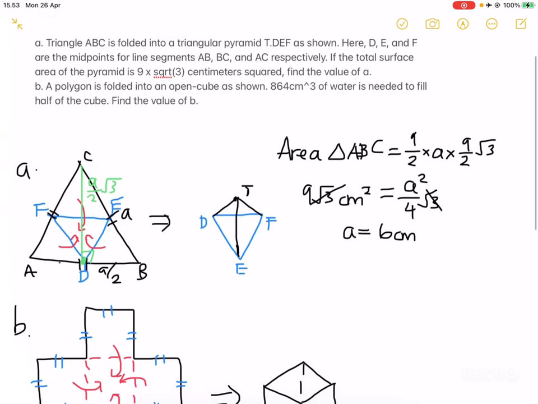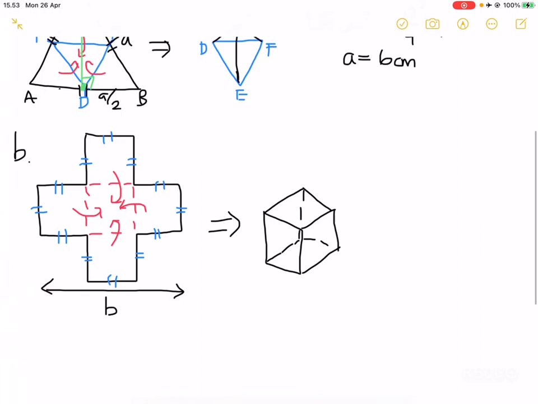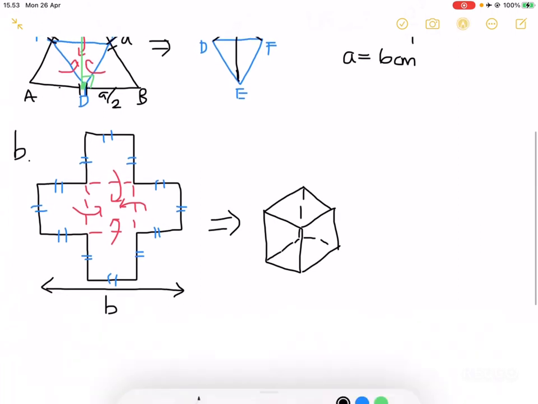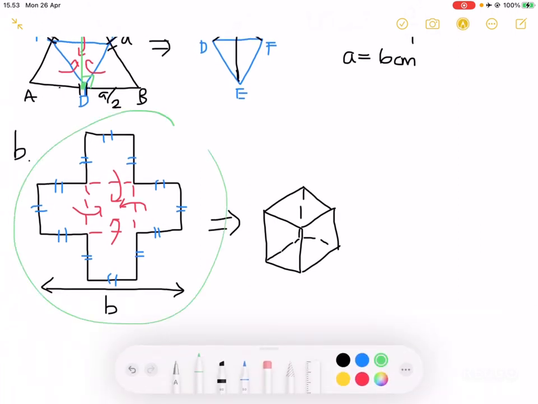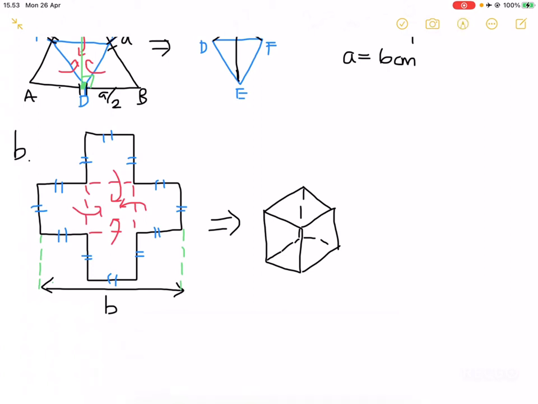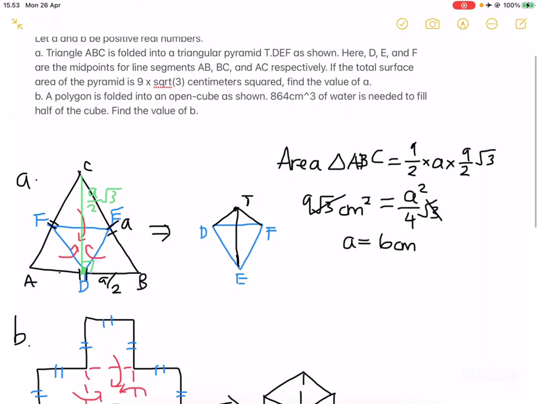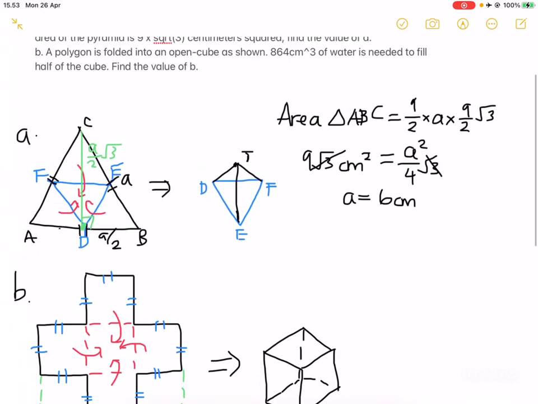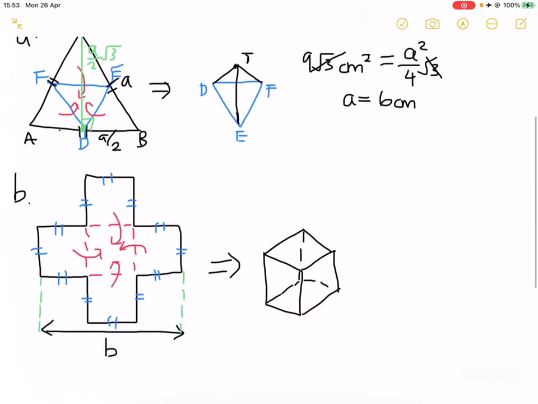Alright, and for part B, a polygon is folded into an open cube as shown. So as you can see, here is a polygon with this side length, so the distance from this side to this side is b, and is folded into an open cube as shown there. 864 centimeters cubed of water is needed to fill half of the cube.